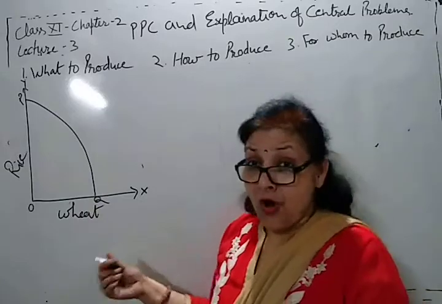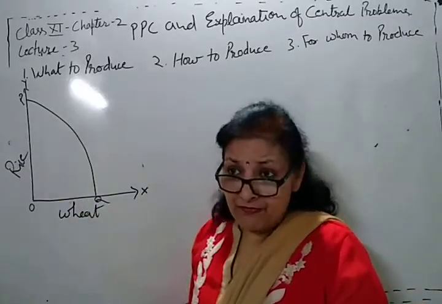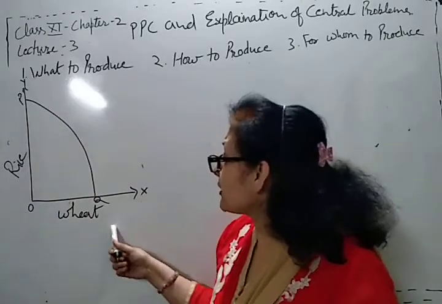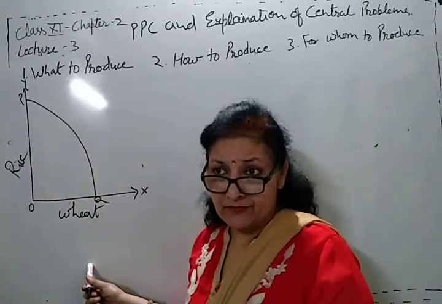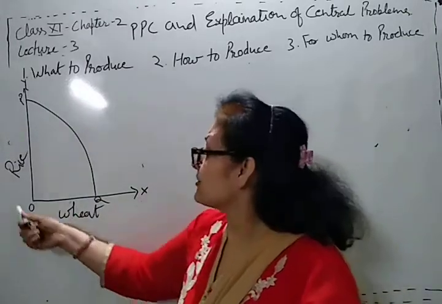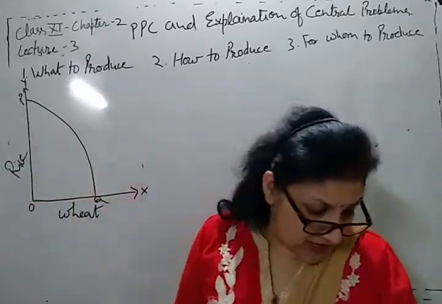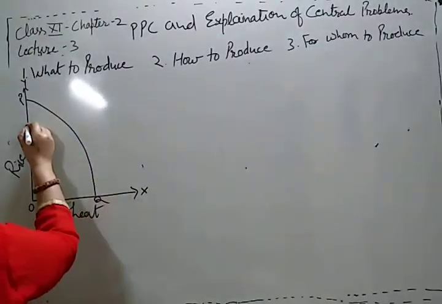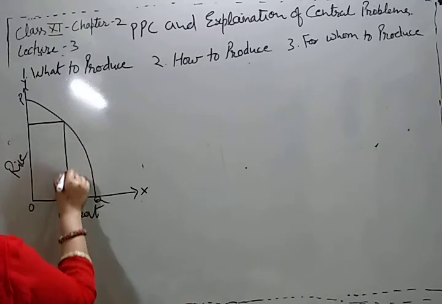And in the same way, if we use all the resources for the production of wheat only, we have enough production of wheat, but production of rice remains zero. In between this, there are some more combinations.